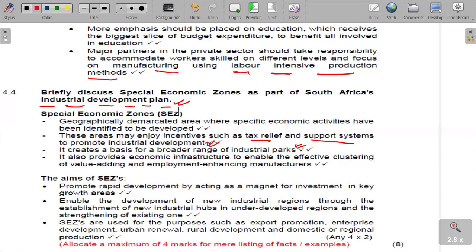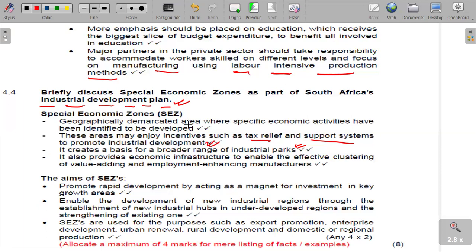Economic infrastructure, there is a chance for that to take place because specific economic activities are taking place in specifically geographically demarcated regions which have that potential. So for those economic activities to take place, there must be infrastructure development, which would also boost the coming together of value-adding businesses and employment enhancing manufacturers.